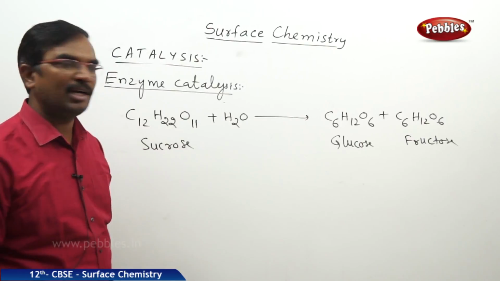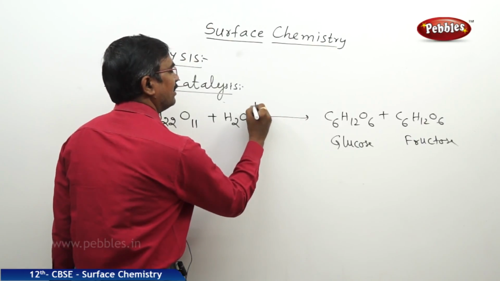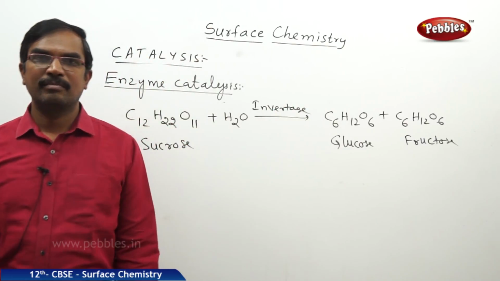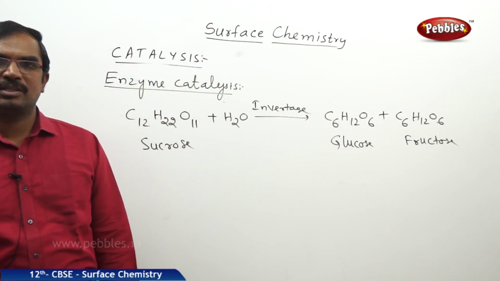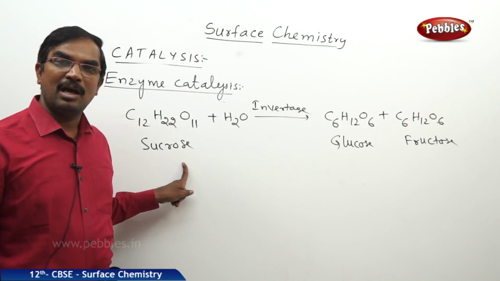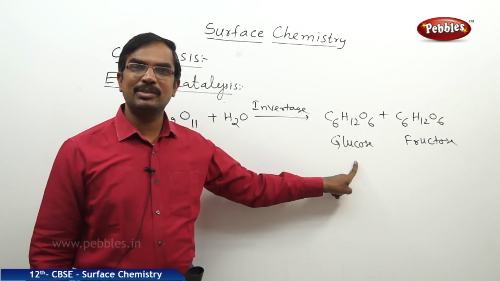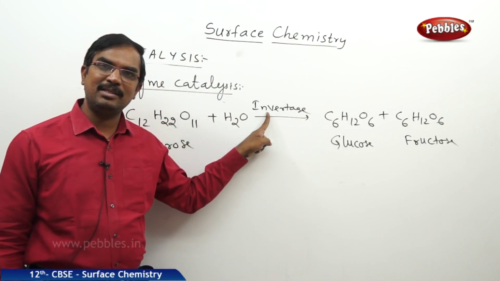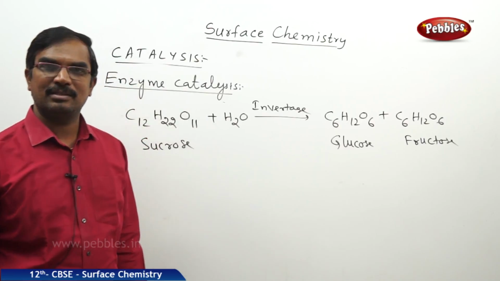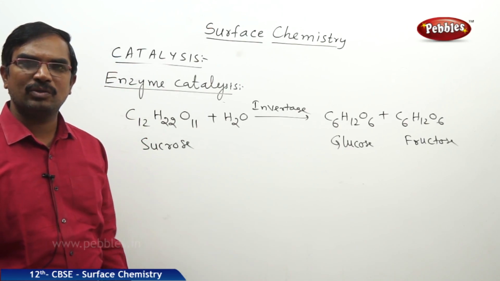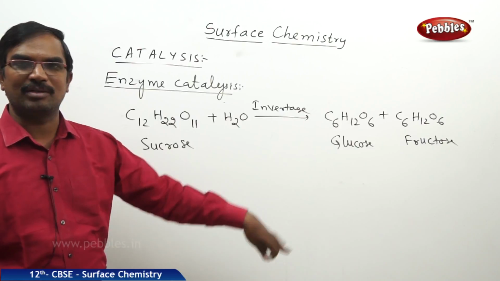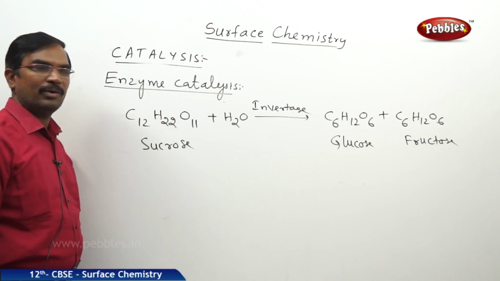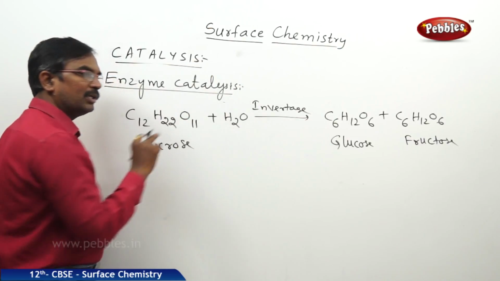This particular reaction generally occurs in the presence of the enzyme invertase. So in the presence of invertase, the sugar is hydrolyzed to give glucose and fructose. The reaction is catalyzed by the invertase enzyme. We can also call it inversion of sugar, which we discuss in biomolecules. Anyway, this is used particularly here.